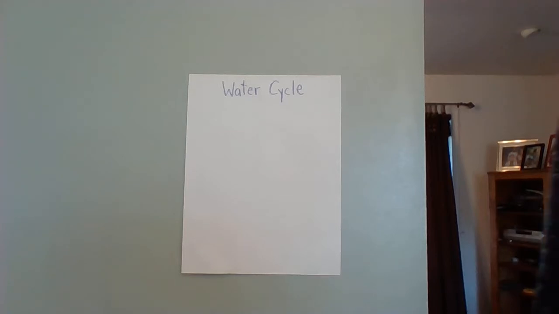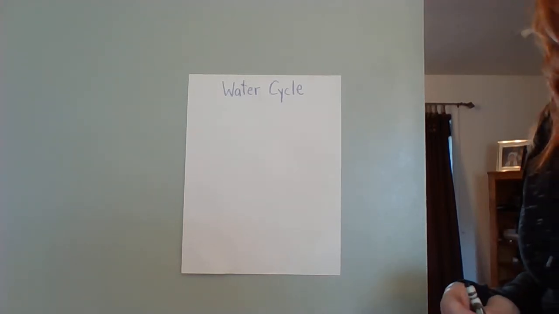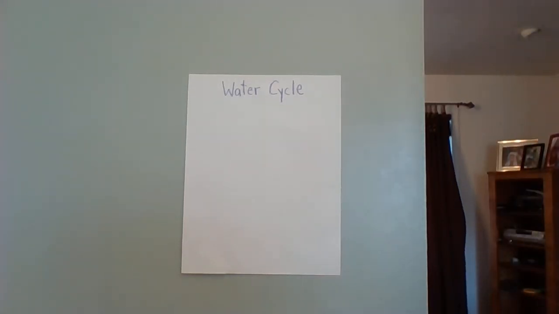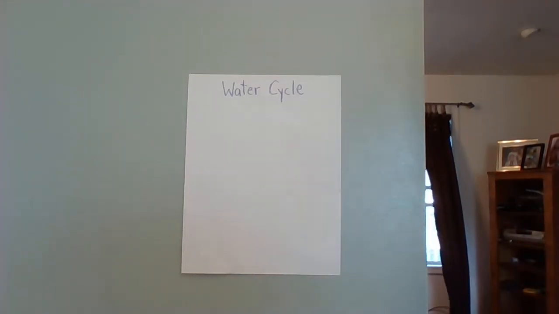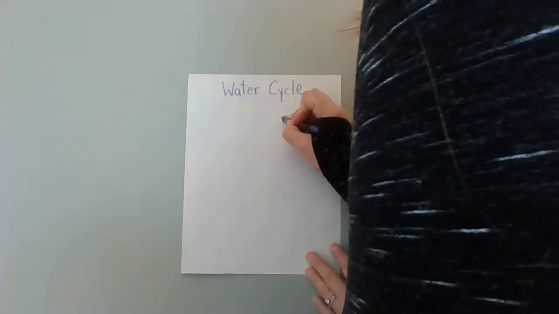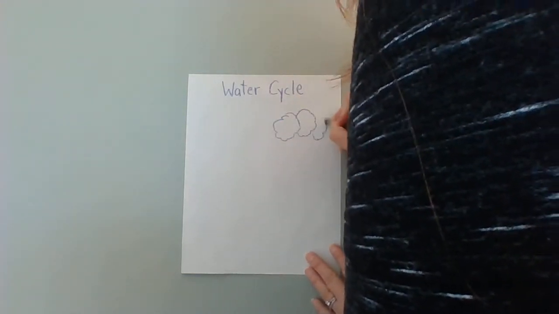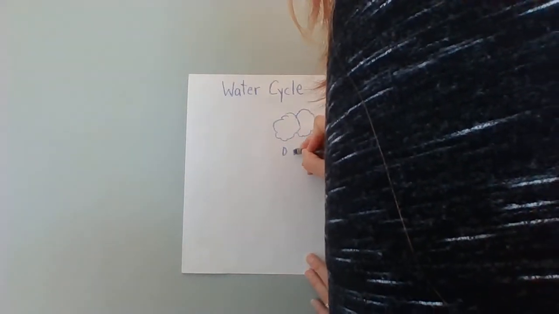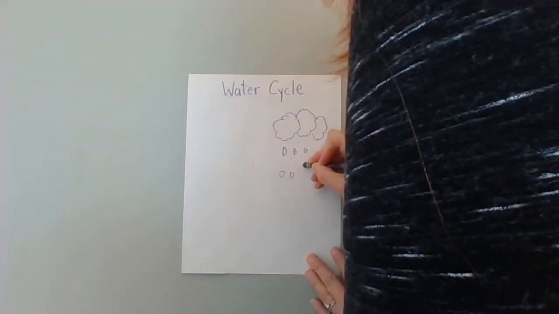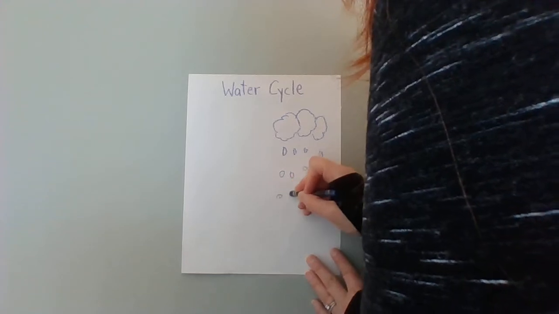Now, when we looked at our chart, we knew the water cycle started with the clouds. So I'm going to go and find a blue crayon, and I'm going to make some clouds. And I'm going to make it rain.